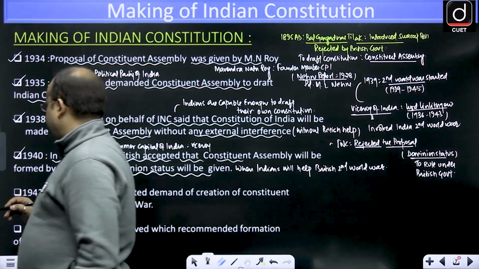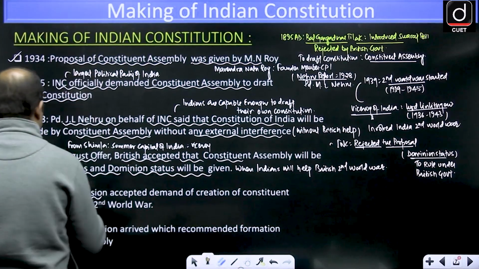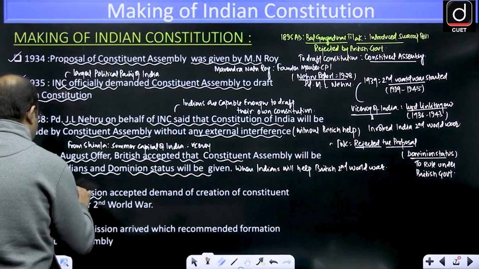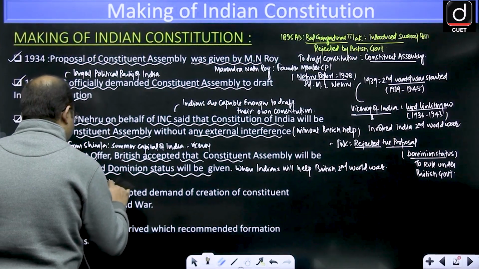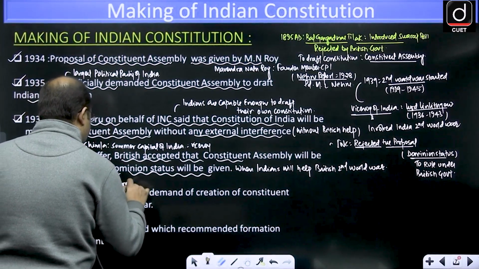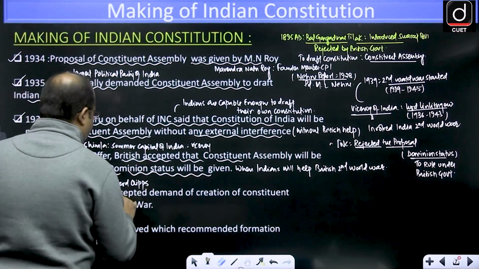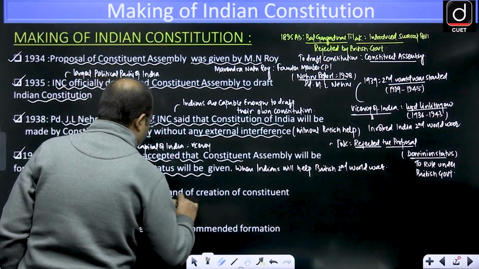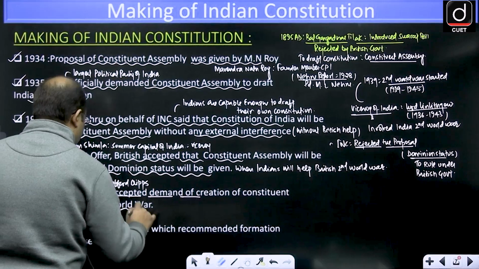Now guys, what happened in 1942? Cripps mission came. It was a one-member commission. The chairman was Sir Stafford Cripps, and they accepted that demand for creating a Constituent Assembly, but after the Second World War.